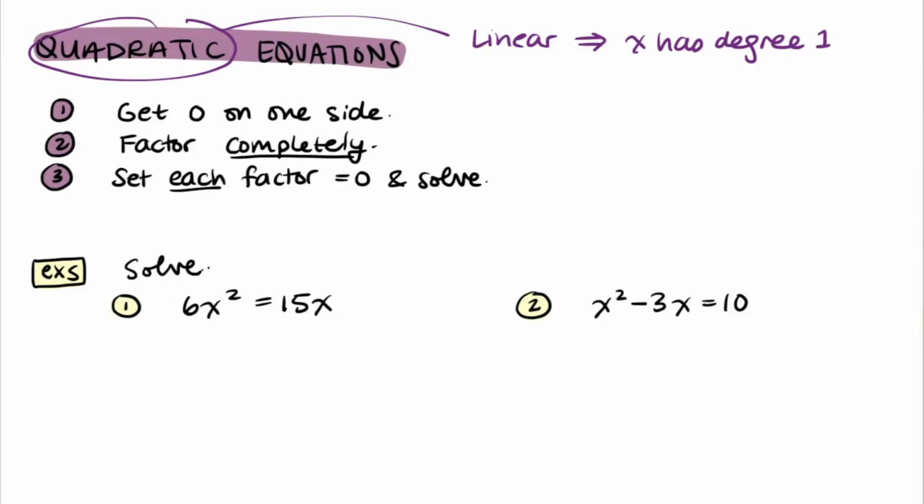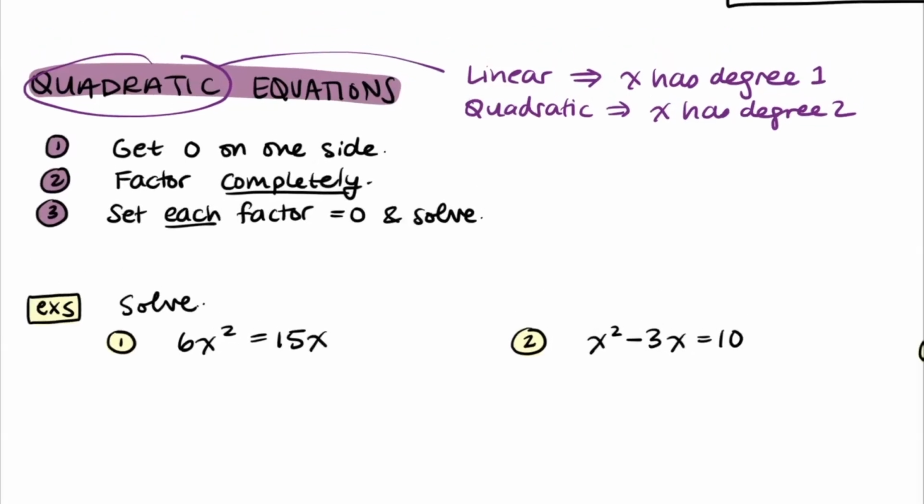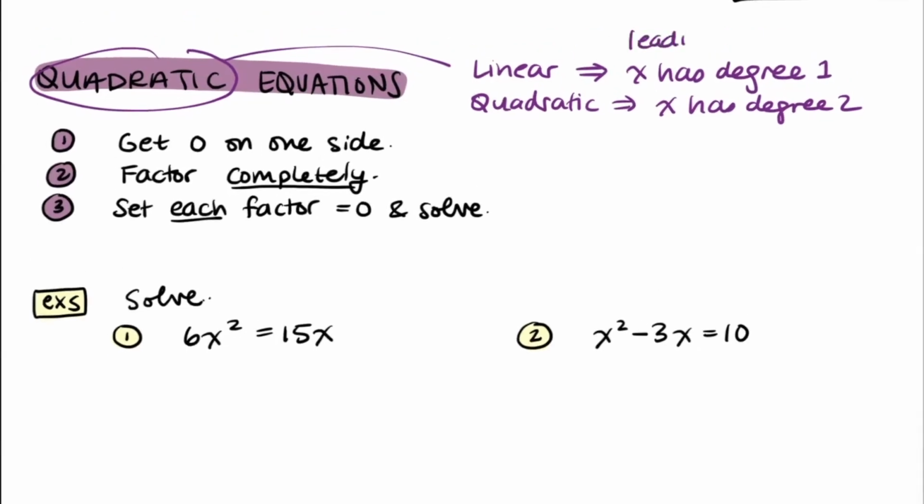That's its degree. Quadratic means you've got x to the second. I guess it could also have an x to the first in there, but the leading term has a degree of 2, right? So I should say here, the highest degree that appears for a quadratic is 2.